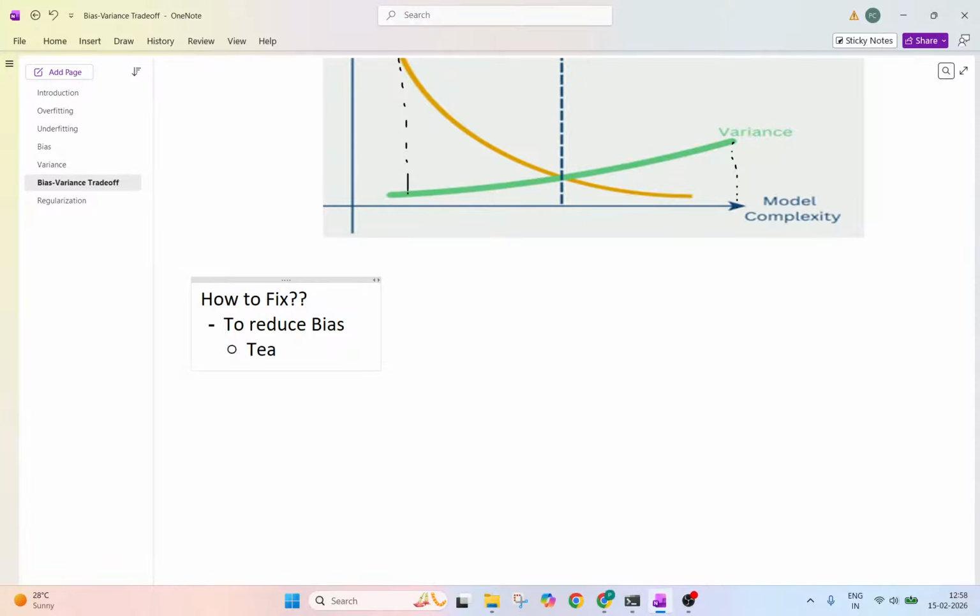So teach more or add complexity, which invariably means adding complexities. What do I mean by adding complexity? That is, encounter the student with more complex data points or more features. So invariably add more features or go for better models.